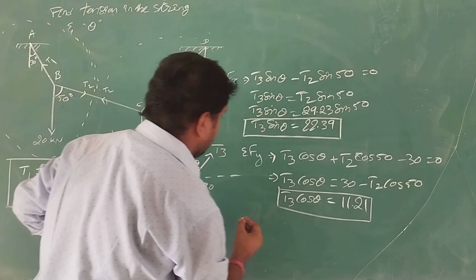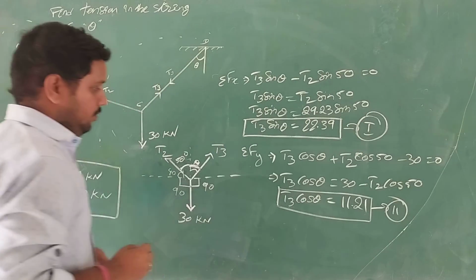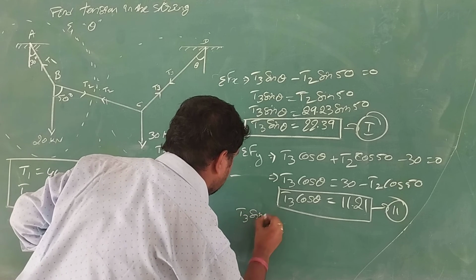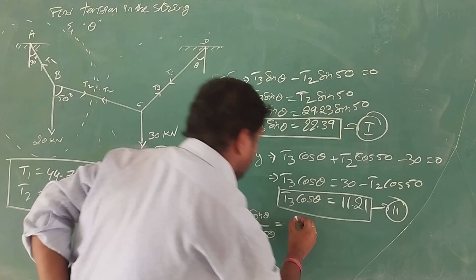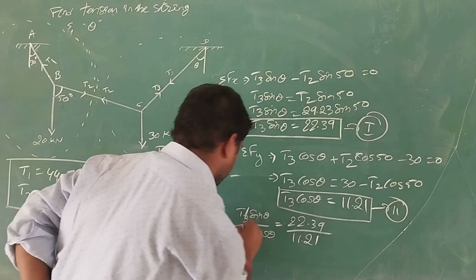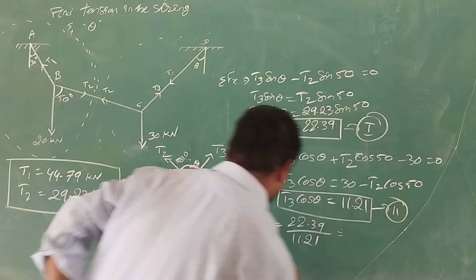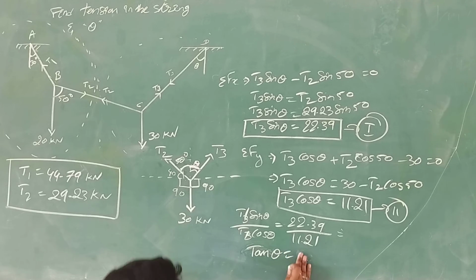So from this, let this be my first equation. Let this be my second equation. On solving 1 and 2, you have T3 sin theta by T3 cos theta is equal to 22.39 by 11.21. That implies tan theta is equal to how much?